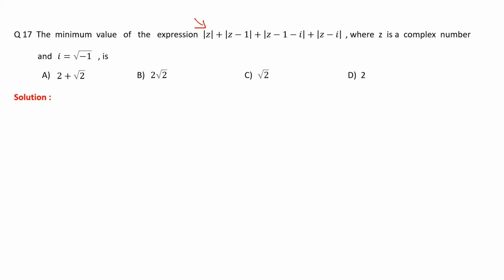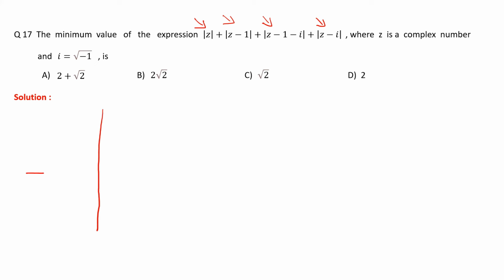Mod z is the distance of z from origin. Suppose z is a complex number, and mod of z minus 1 is the distance of z from the point 1 comma 0 in the Argand plane. Similarly, mod of z minus 1 minus iota is the distance of z from the point 1 comma 1 in the Argand plane, and similarly mod of z minus iota represents the distance of z from the point 0 comma 1 in the Argand plane.